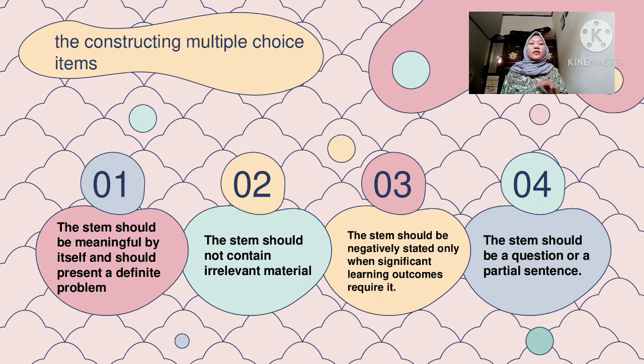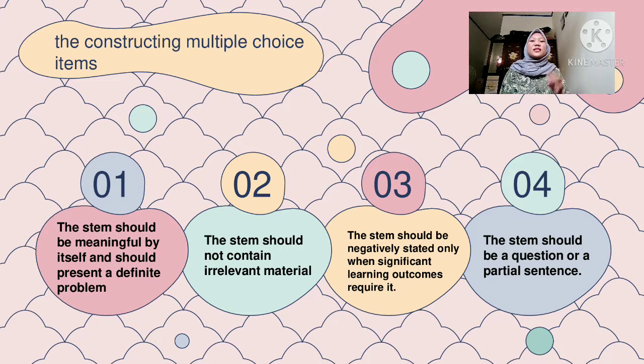A stem that does not present a clear problem, however, may test students' ability to draw inferences from vague description, rather than serving as a more direct test of student achievement of the learning outcomes.